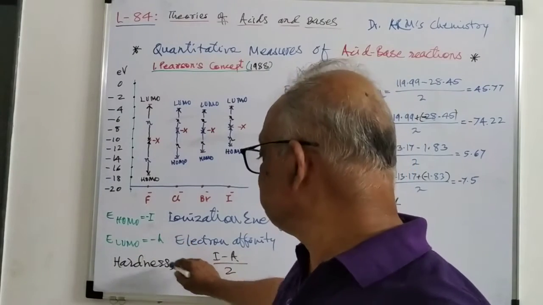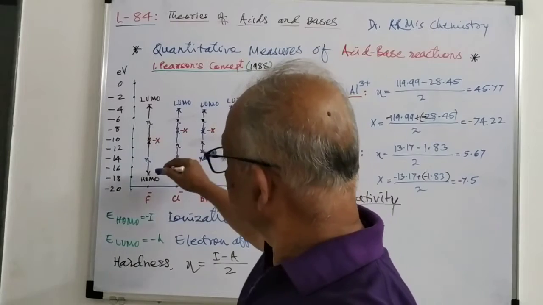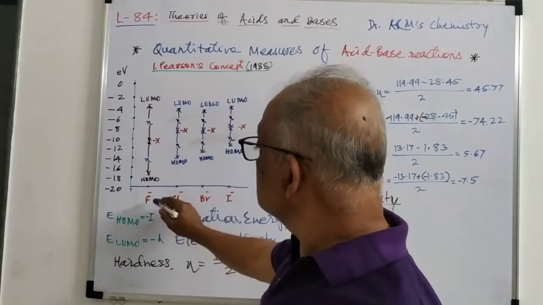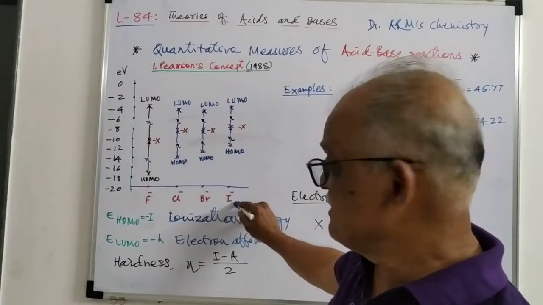And it has a negative sign. You will observe in this diagram that we have taken the Lewis bases F minus, Cl minus, Br minus, and I minus.